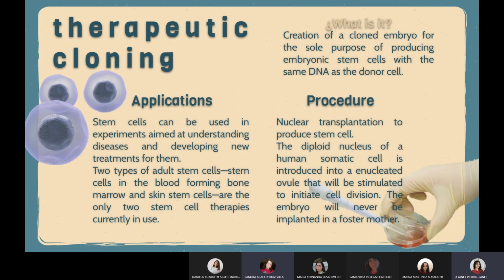Two types of adult stem cells, the stem cells in the blood-forming bone marrow and skin stem cells, are the only two stem cell therapies currently in use. And the procedure is very simple.